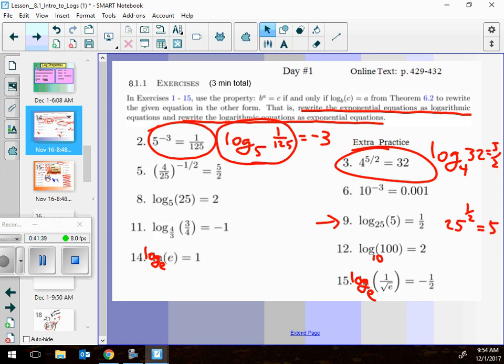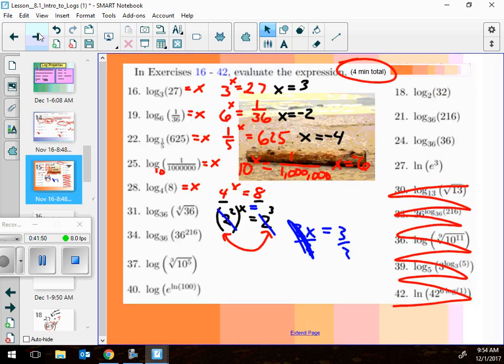If the base is not there, it's kind of like, can the kid figure out what the base is? Because that'll be crucial to solving the problem. All right, so this whole page, but skip 30 to 42 there. Just scribble out that end part. And that's it. Of course, there's more to learn on logs, but that's enough for today.